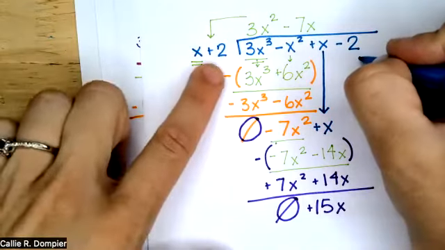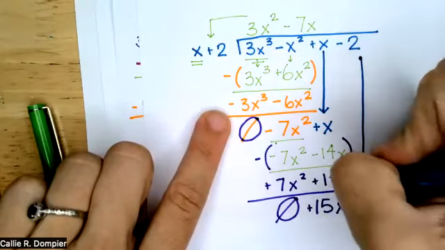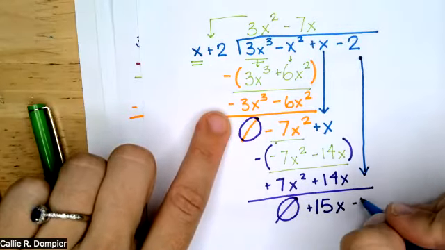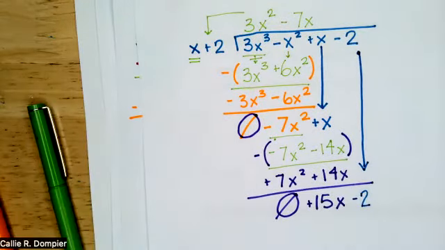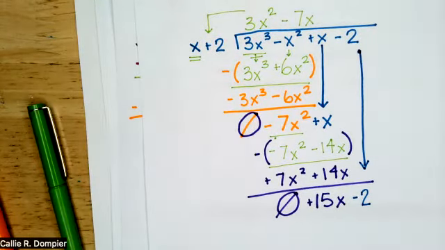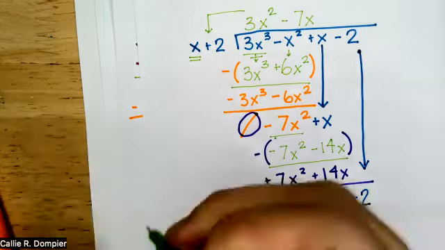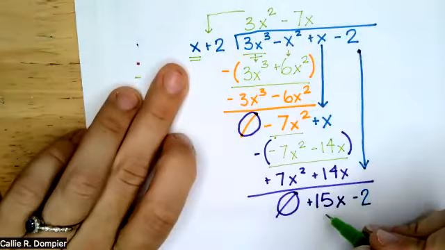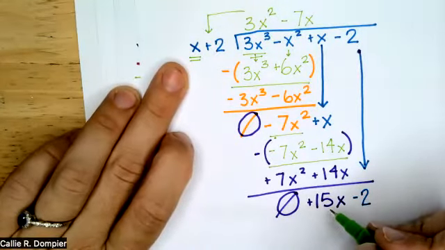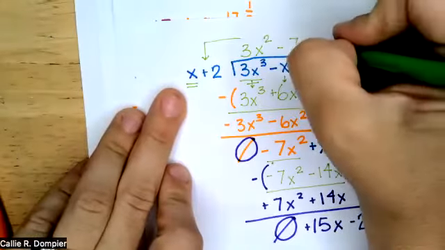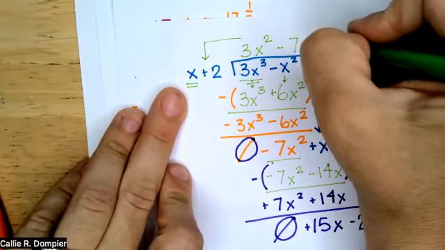That has two terms. So I'm going to bring down, it's a negative 2. Good. Now remember, we're only ever looking at the x and the first term. So to get 15x from x, I multiply it by a positive 15.